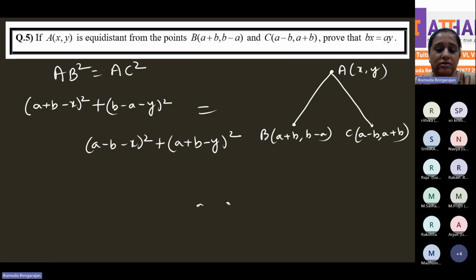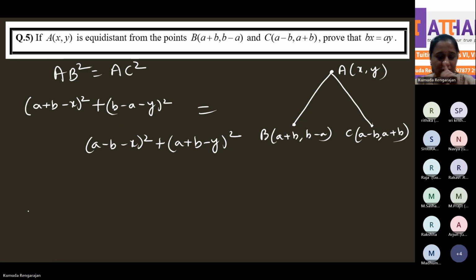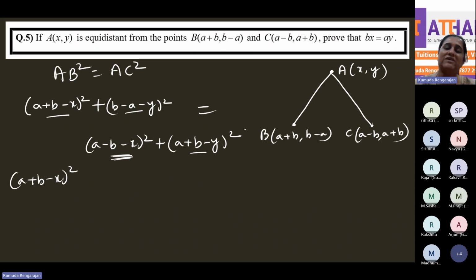So what you can do is you should transpose appropriately. Supposing you have this A plus B minus X the whole square on this side. On the right hand side, we have this one, which also is made up of A, B, and X. If you look at both the sides, you have this one and this one made up of A, B, and X, and this one and this one made up of A, B, and Y. So you collect A, B, X on one side, A, B, Y on the other side.